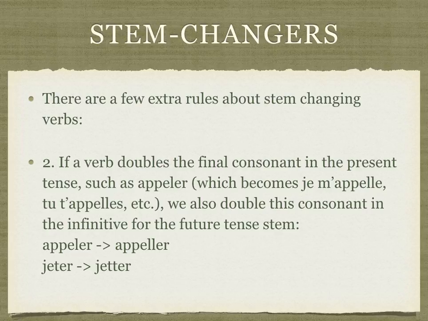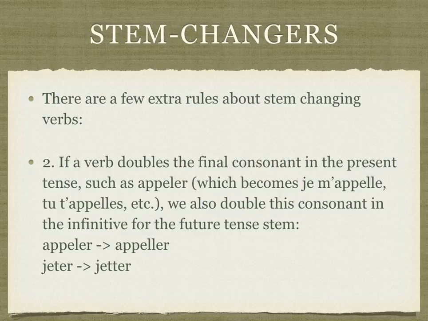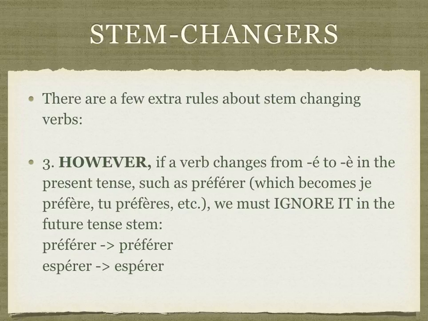Note that both of these groups are adding something. Here we're adding an accent, or we're adding a letter. Our third group does not add, it changes. There's already an E accent aigu, and all we do is change the accent into an accent grave.